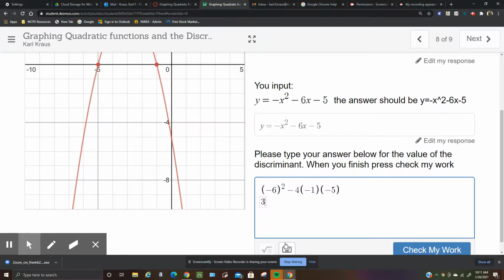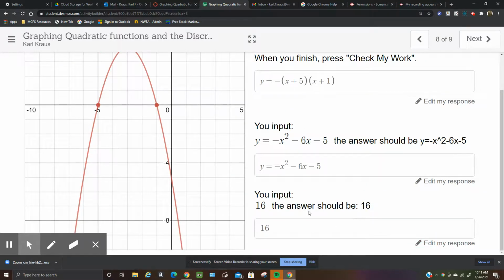This is 36 minus 20, 16. And my input matches the answer there.